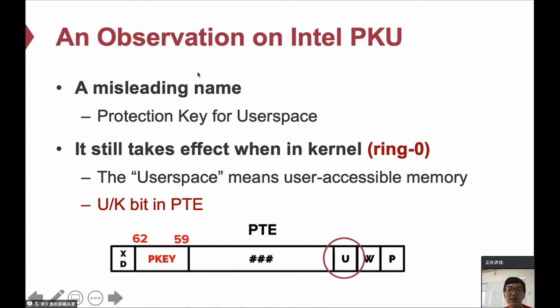Hence, PKU as a lightweight hardware feature also offers an opportunity to achieve efficient intra-kernel isolation if all the page table entries for the kernel memory are marked with U bit instead of K bit.